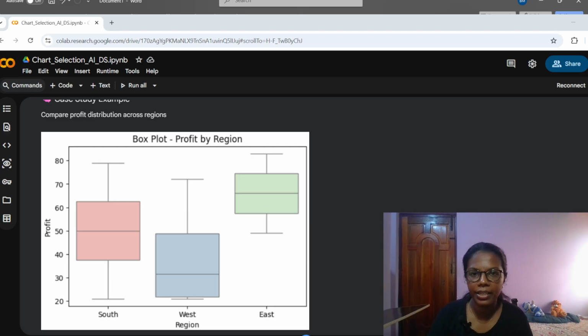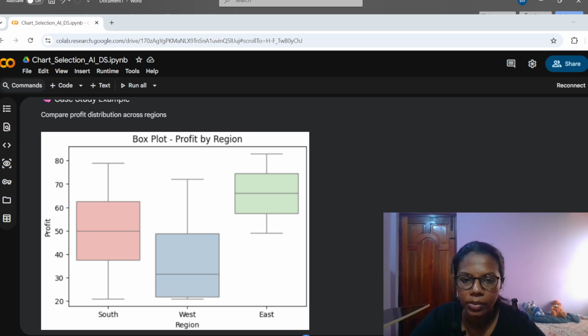So to detect the outliers in my given data, I'll be using a chart called box plot. Specifically, whenever I need to compare distribution across groups, the go-to chart is obviously the box plot. Okay.